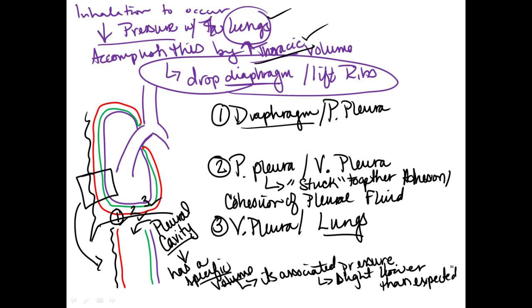Now, the pressure around us in the atmosphere is about 760 millimeters of mercury. Before inhalation and after exhalation, the pressure within our lungs is also 760 because air is not moving. But because of the orientation of the pleural cavity, the pressure in here is slightly less, about 756.